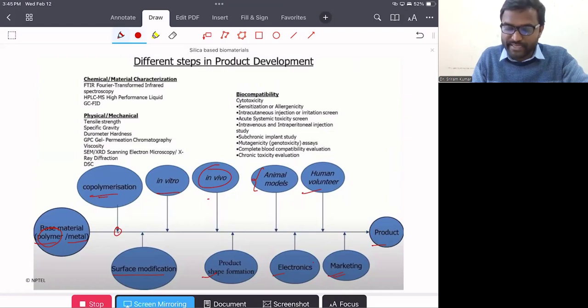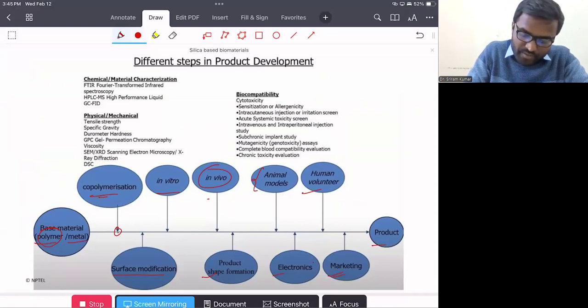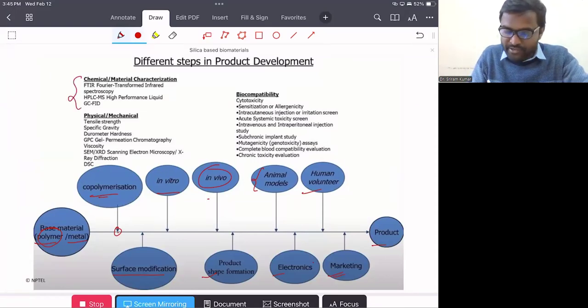We need some techniques for the development of biomaterials. For example, we need chemical characterization techniques: FTIR, maybe HPLC, high performance liquid chromatography, and GC-FID. These are the chemical methods by which we can quantify. And we need physical or mechanical methods.